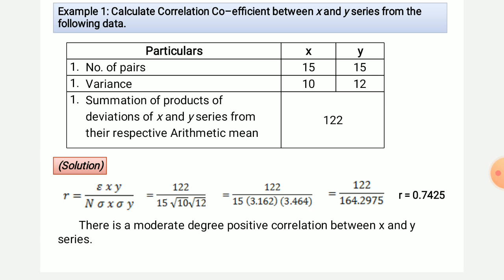There is a plus sign here; if there is no sign, then it is plus. Therefore, positive correlation. If the value is more than 0.60, we call it moderate degree correlation, 0.60 to 0.75 in between. Such a value is called moderate degree positive correlation between x and y series.